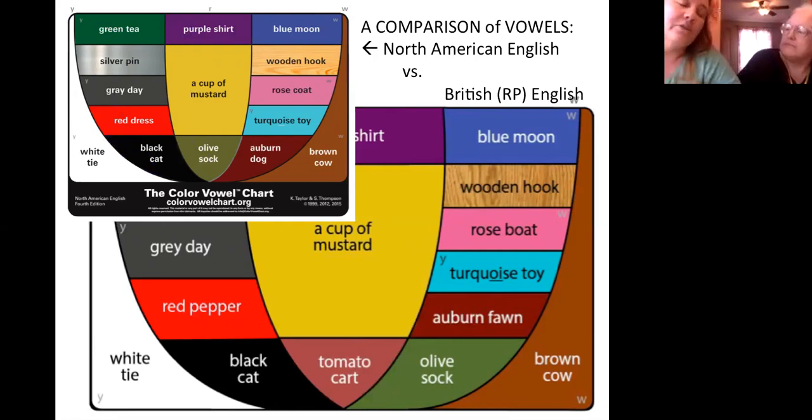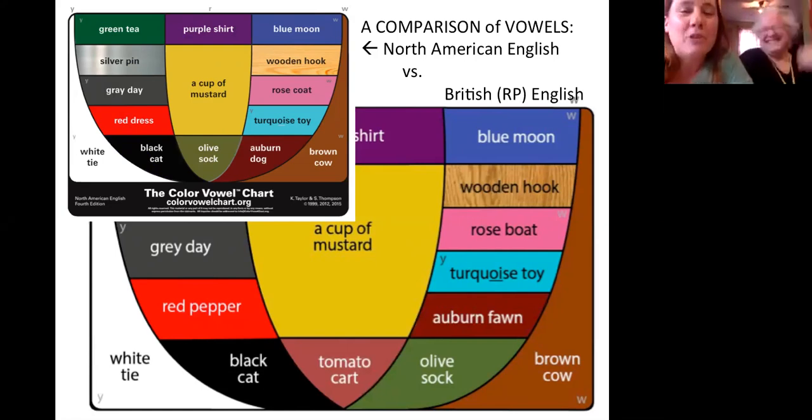Right. So the mantra of the color vowel approach, this is so beautiful about it. I say "mantra" and she says "mantra." The mantra is that it's not about the one right answer. It's about the two or three right answers, right being defined as the ways that speakers of English say this word, and then the twelve or thirteen wrong answers.